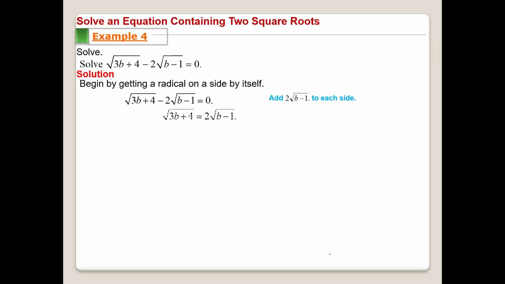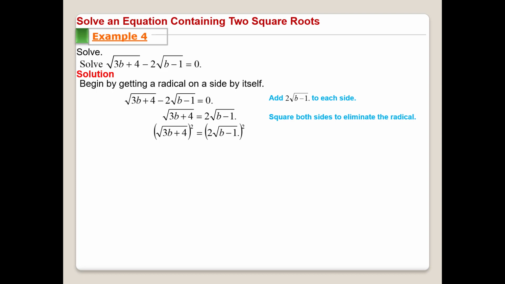So to do that, we got this set up right now. And we can square both sides. It'd be easy to square both sides and get rid of those radicals. So let's do that. Square both sides to eliminate the radical. So if we square both of these, the radical goes away. Now be careful.